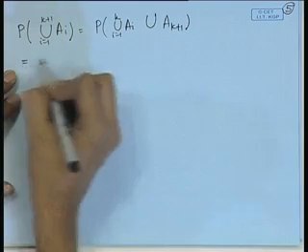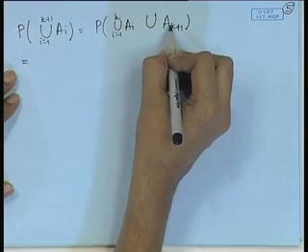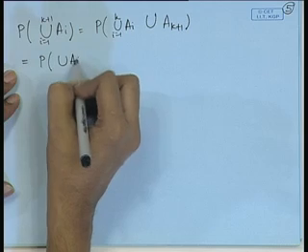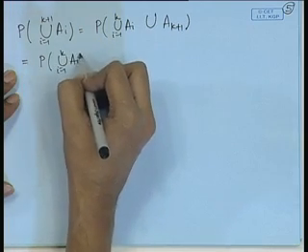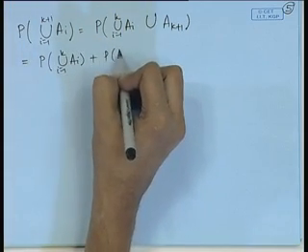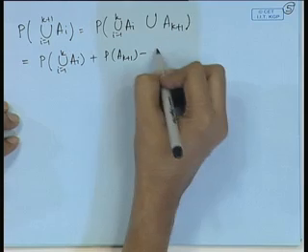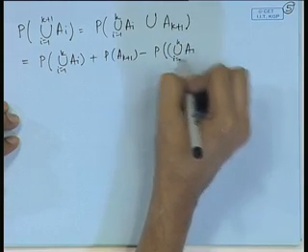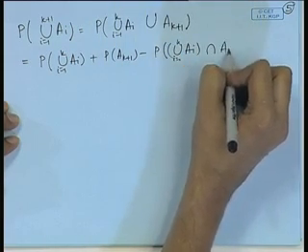So, now I can apply the result for the union of A and B, 2 events. So, this becomes probability of union Ai, i equal to 1 to k, plus probability of Ak plus 1 minus probability of union Ai, i equal to 1 to k, intersection Ak plus 1.